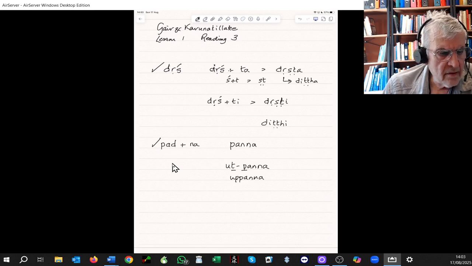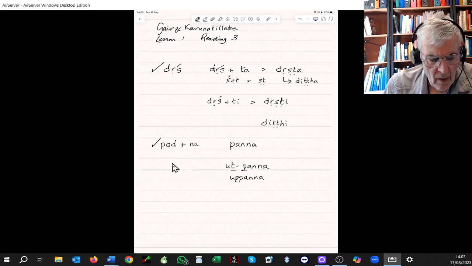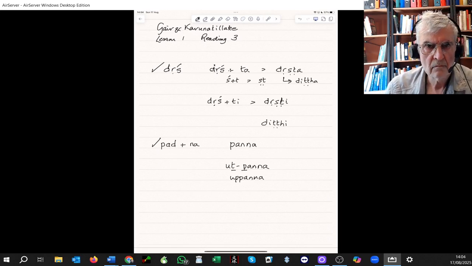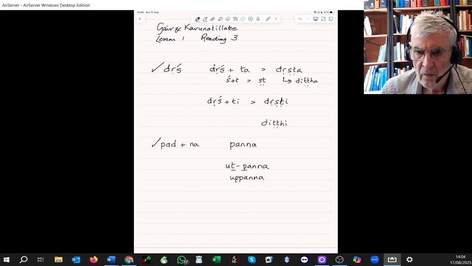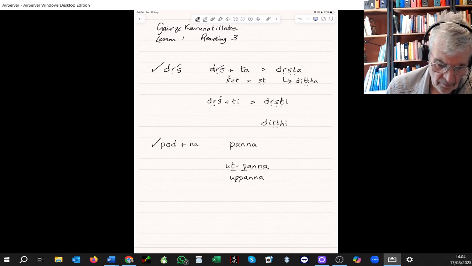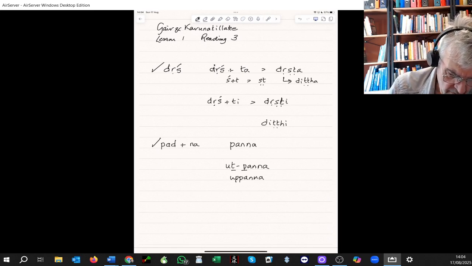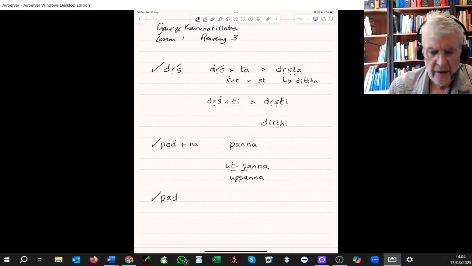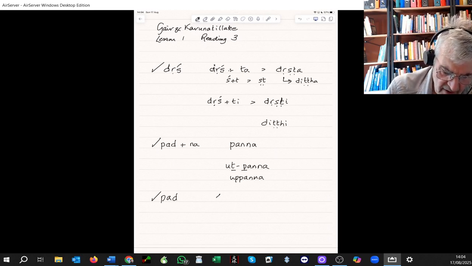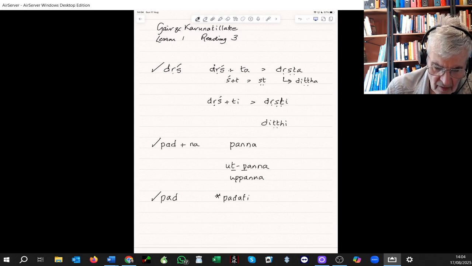You see the verb here uppajjanti, which I shall explain. So we've been looking at the conjugation of verbs. So from this root pad, you might have expected, if it were a class 1 verb, to see, and I'm putting an asterisk here to show a form that does not exist. It's not that.